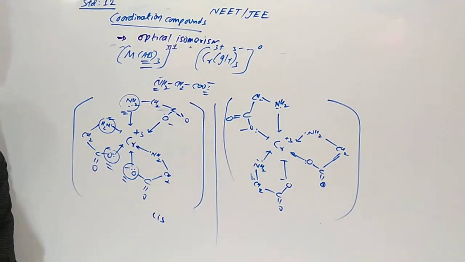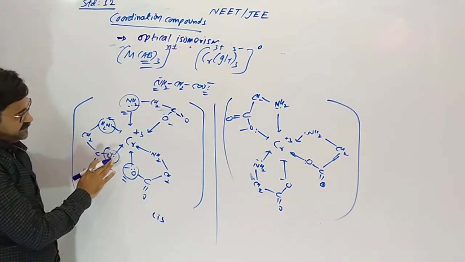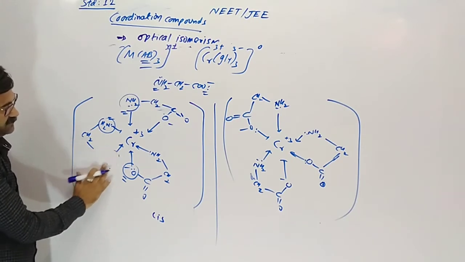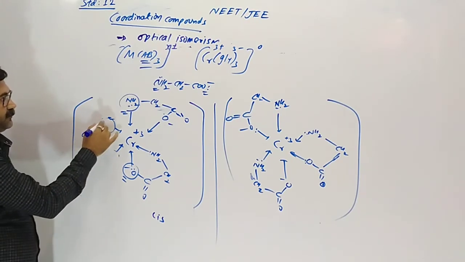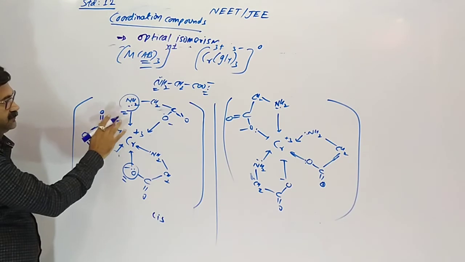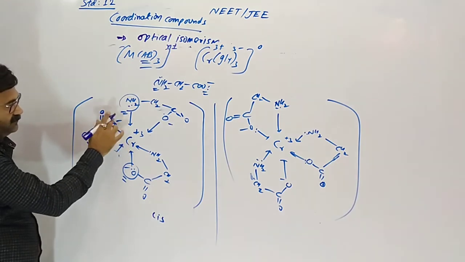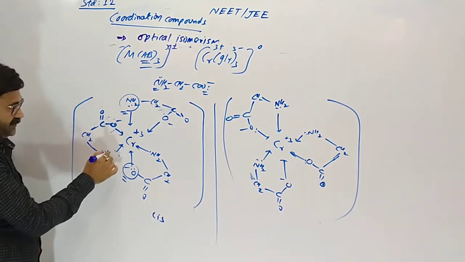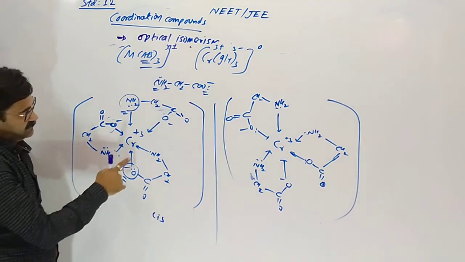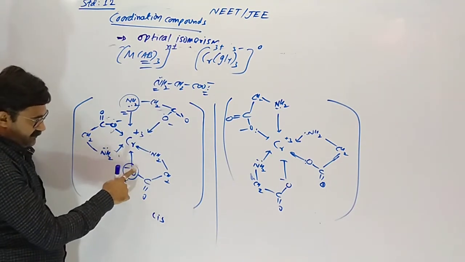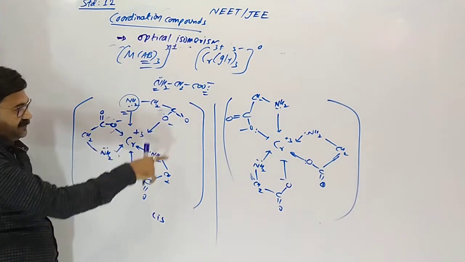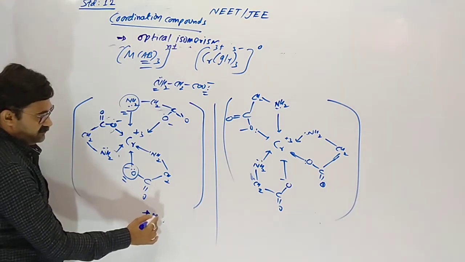What about trans? Here when we change, here is suppose C double bond, here is NH2. O with N, O with N. This is trans.